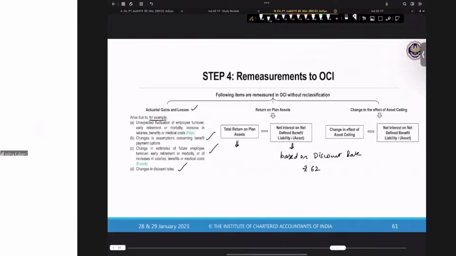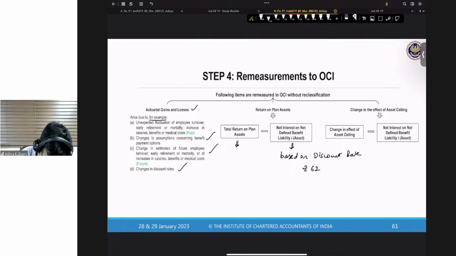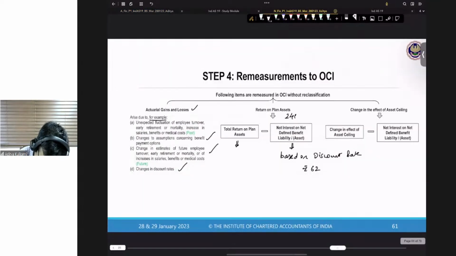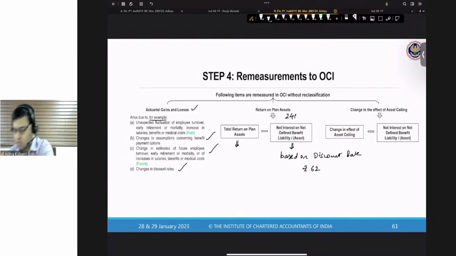We had a remeasurement of 241, right? We had a remeasurement of 241. So if I will have to split that, I should be getting 74 minus 62.